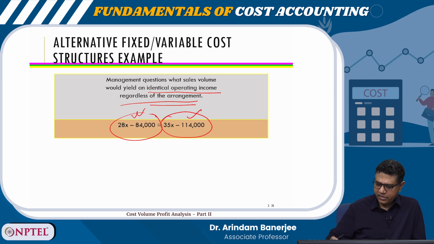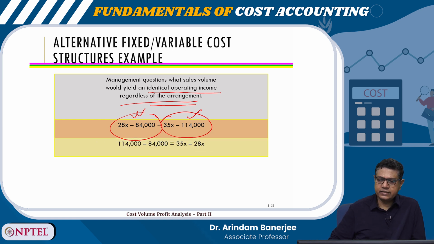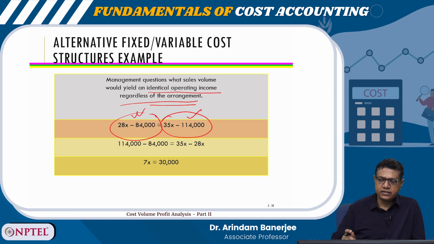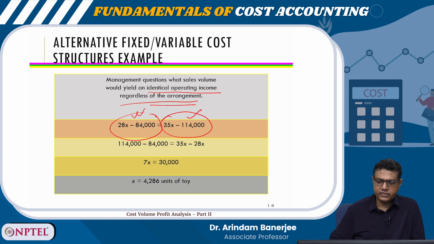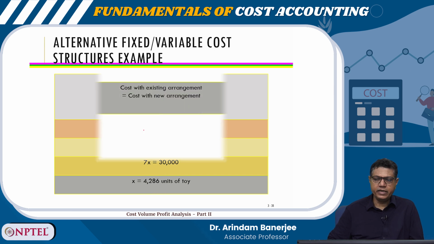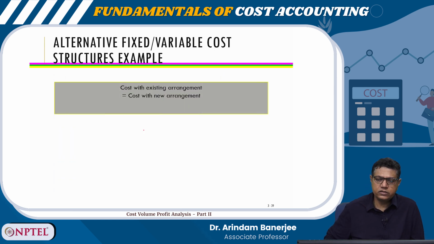If we equate, x comes to 4286 units. By solving this equation, I am getting 4286 units. At 4286 units, regardless of the arrangement, the operating income will be identical. So, cost with existing arrangement is equal to cost with new arrangement.